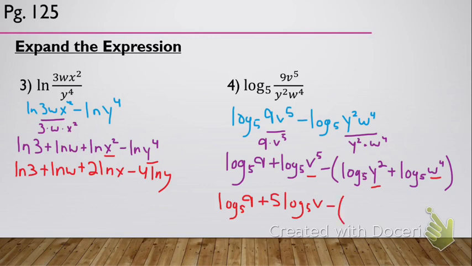And minus, I'm going to keep the parentheses, 2 log 5 y plus 4 log 5 w. Okay. So just the key from number 4 is, remember, if you are expanding a piece that you're subtracting, you got to make parentheses. Okay? That's important.